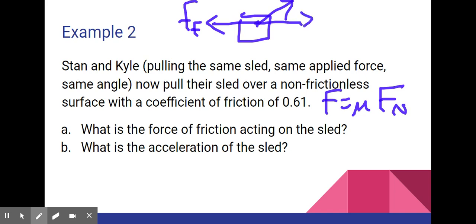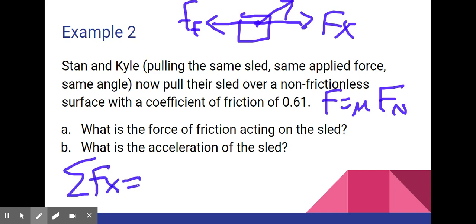You already have your x applied. So the sum of your forces in the x direction is going to be equal to Fx minus Ff. You can find Ff, even though I haven't given it to you, because I gave you the coefficient of friction.